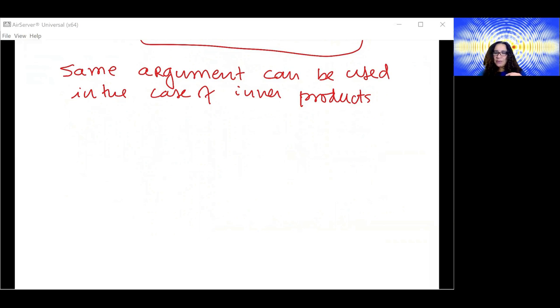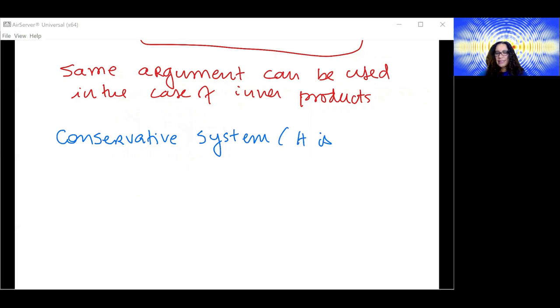So this is what we call conservative systems, and we have this situation a lot in quantum mechanics. So H is time independent.